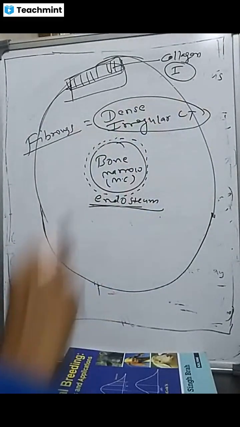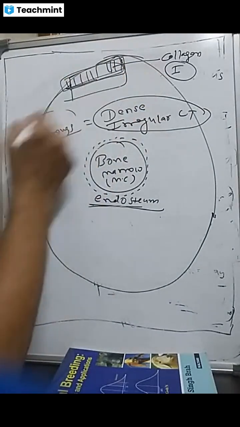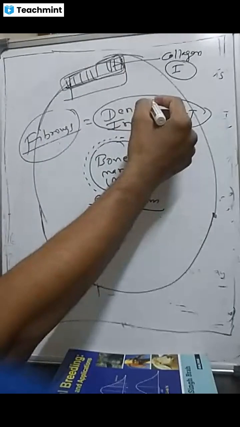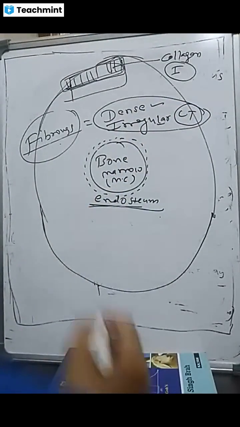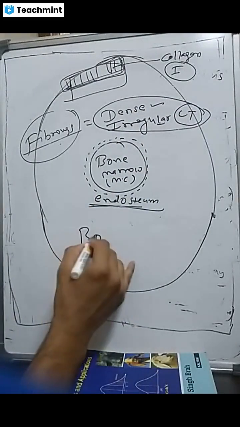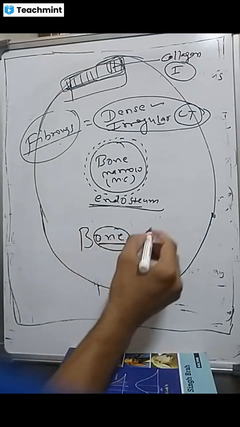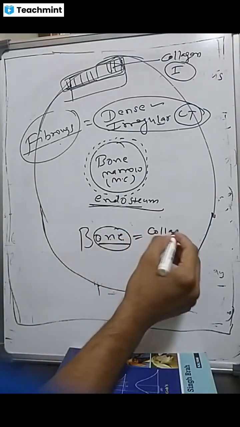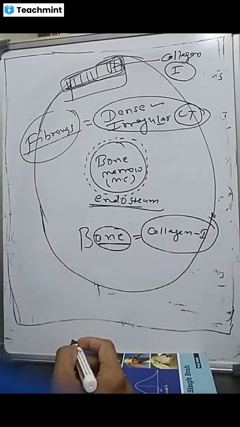The outer part of the periosteum is the fibrous layer, and the nature of this fibrous layer is dense irregular connective tissue. As we know, type 1 means it has collagen as a predominant fiber.